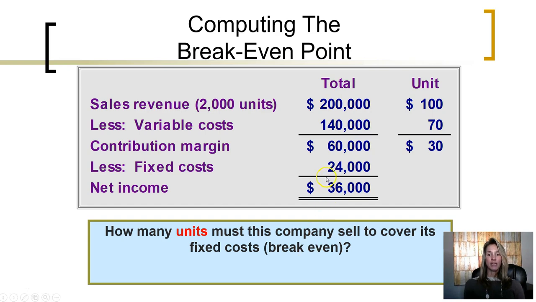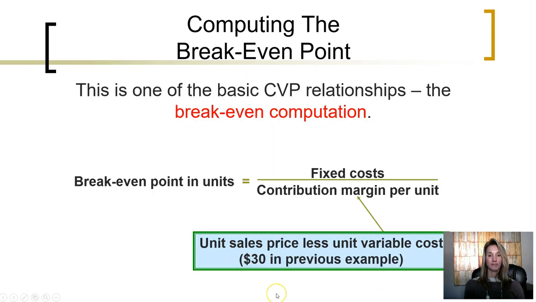Well, if we know that we need $24,000 in fixed cost covered by the contribution margin to break even, we know that if we take the $24,000 needed and divide by the contribution margin of $30, we would need 800 units sold to break even.